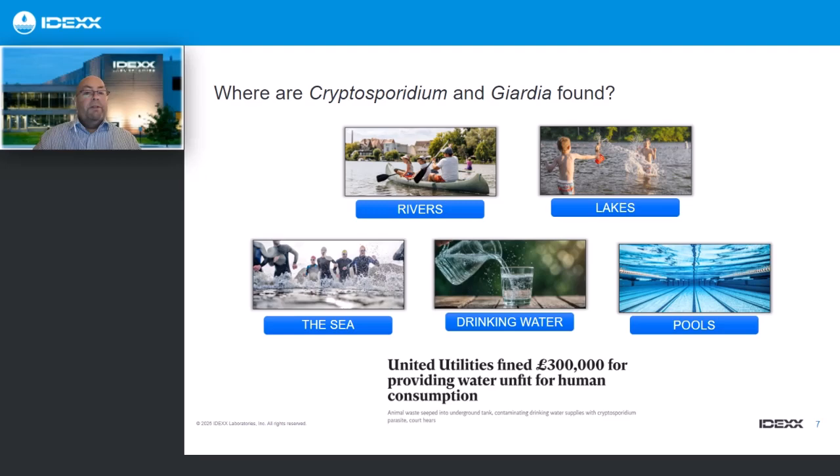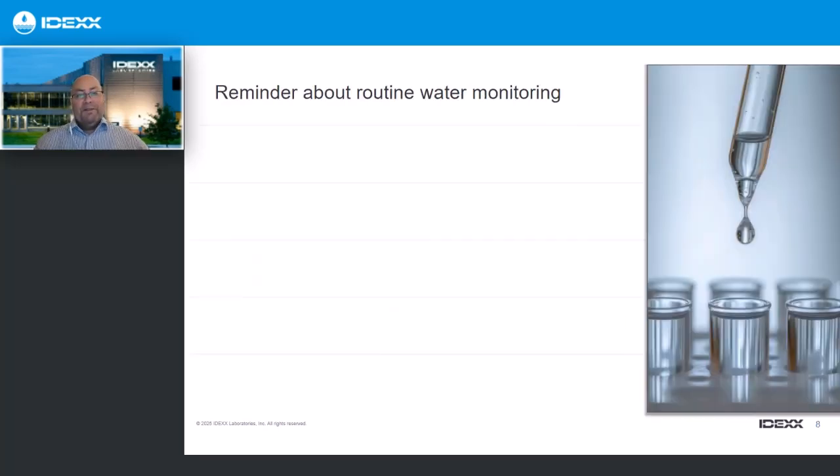And also you can find them in drinking water. And we've had incidences in the UK where water utilities have found Cryptosporidium in the drinking water supply, and they've had to take a lot of remediation, and it's quite costly when outbreaks do occur.